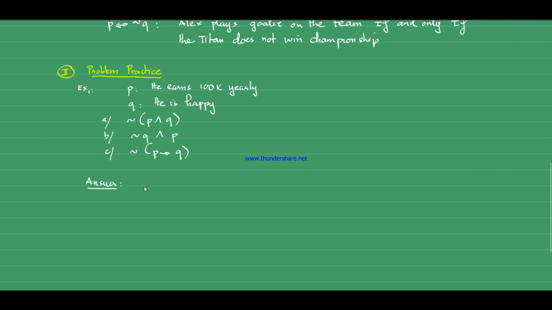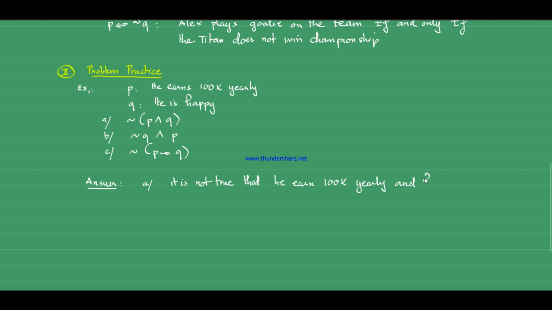I can put it like this: it is not true that he earned 100,000 K yearly and happy. I negate the whole thing, the whole compound statement right here.